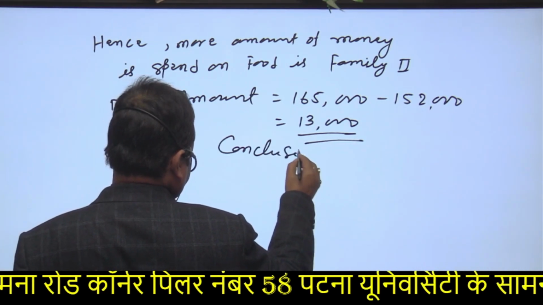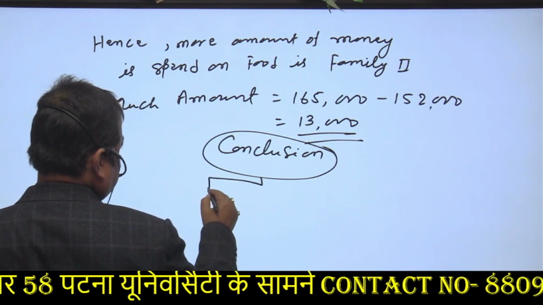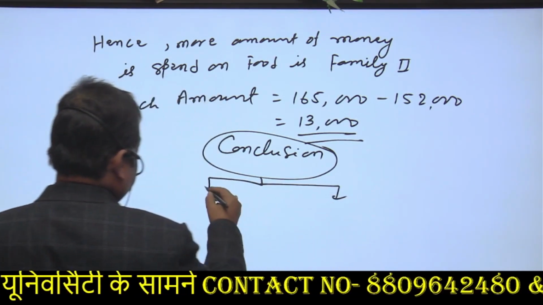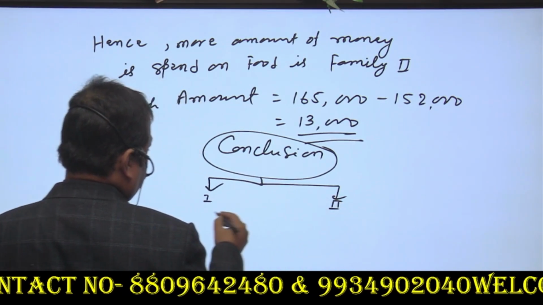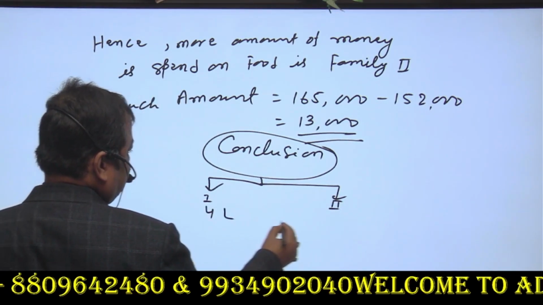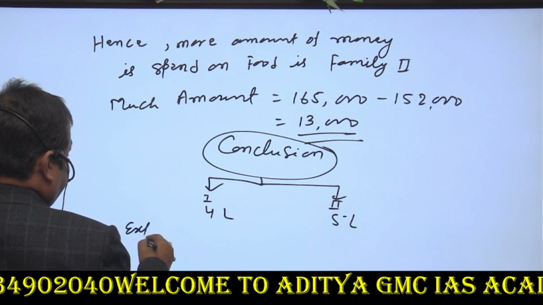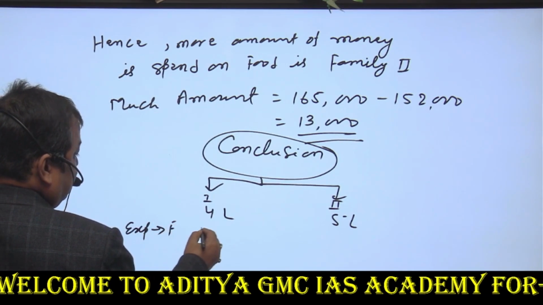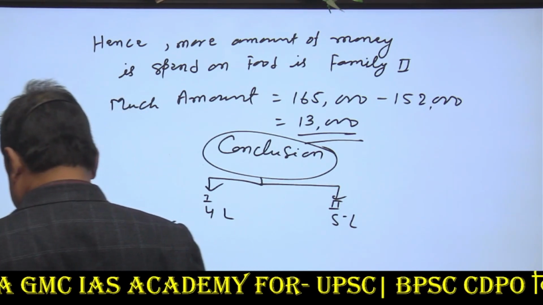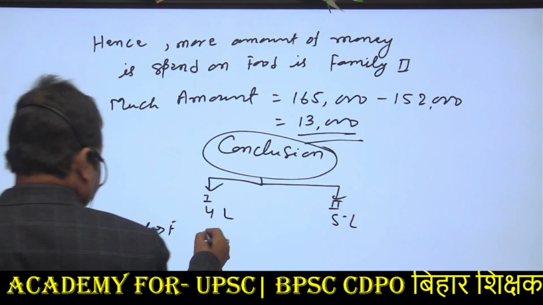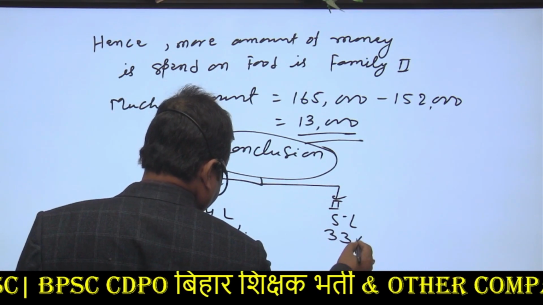Conclusion. Family 1, family 2, total 4 lakh, 5 lakh, expenditure percent on food equals 38% or 33%.